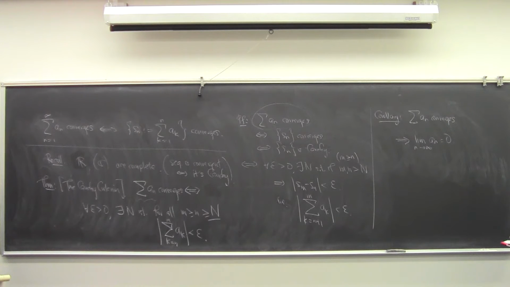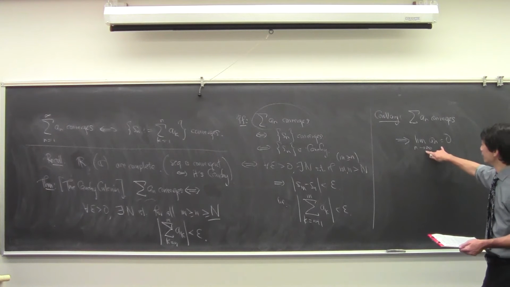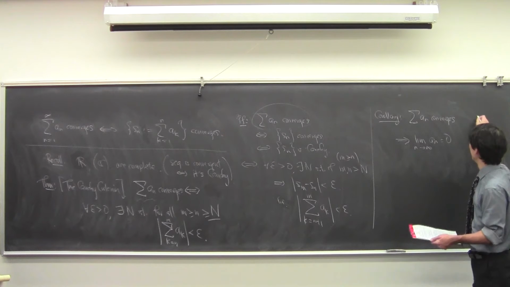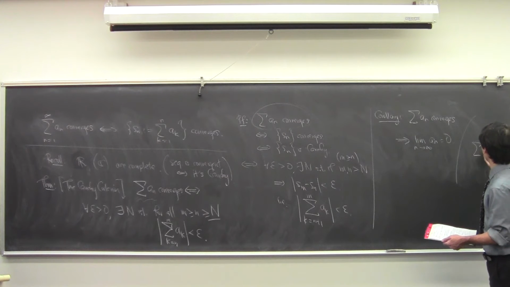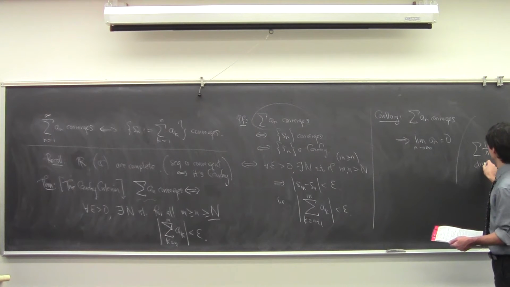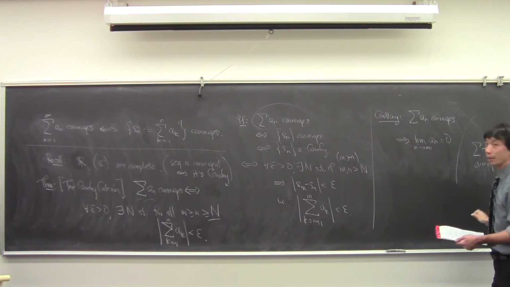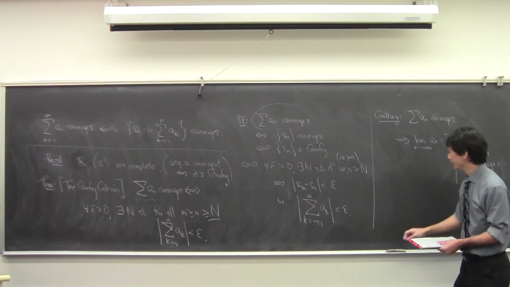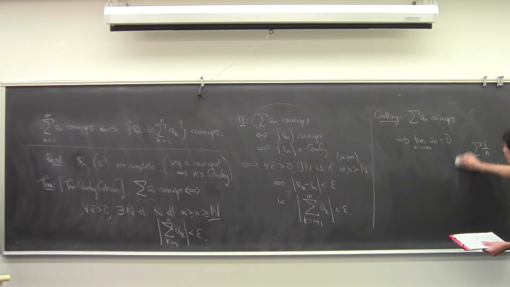Is that also an if and only if statement? No, it's not, because even if this limit is 0, that doesn't make the series converge. You may remember that the harmonic series diverges, even though the terms go to 0. So it's not so simple.